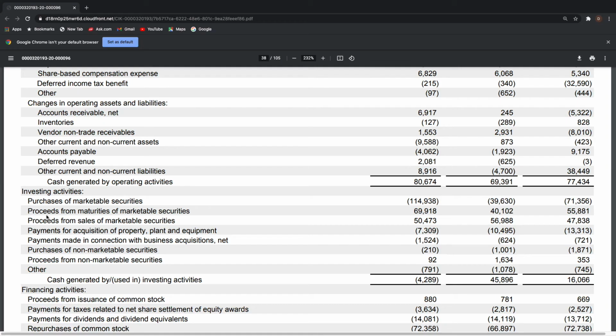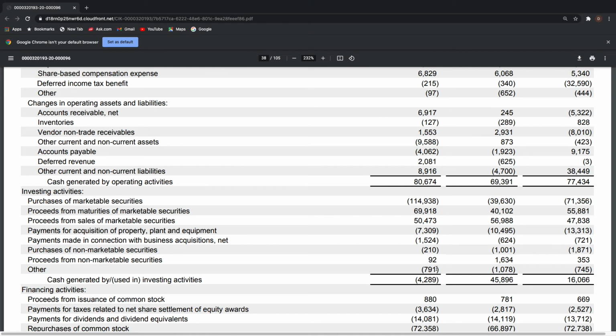For the free cash flow, we take the cash generated from the operating activities, which is the 80.67 billion here, and then we remove the capital expenditures, which is property, plant and equipment, the $7.3 billion there. That leaves us with a total of $73.36 billion as the free cash flow for Apple for 2020.